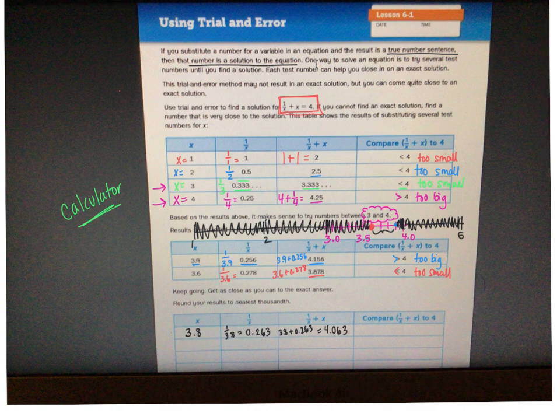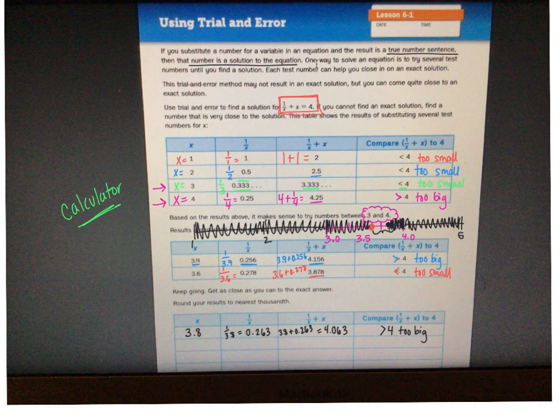So when I add those two together and I compare that to 4, I realize that it is greater than 4, meaning that it is too big. So if I come up here to my number line and I try 3 and 8/10, which was right here, I realize that's too big, so I'm going to zoom in some more.